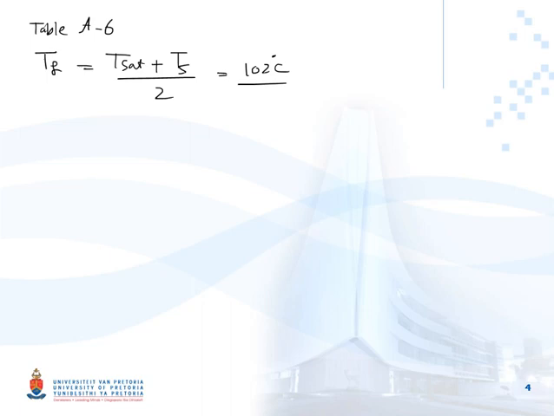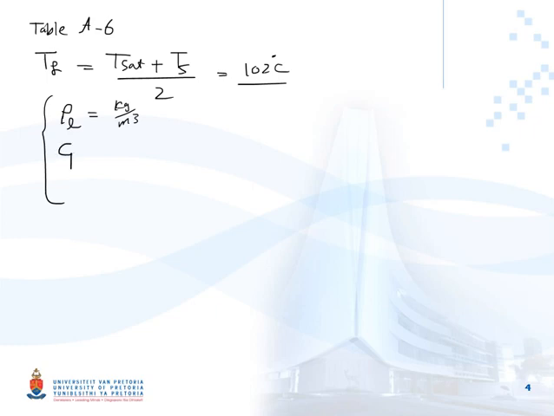If we go and read from the table at 102, we need to find rho L, which is the density of the liquid, in kilogram per cubic meter.